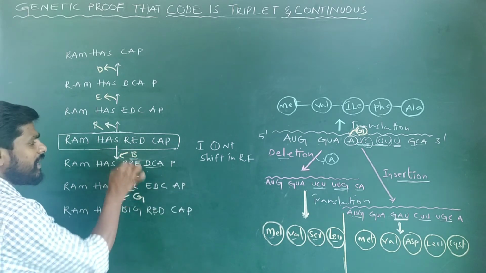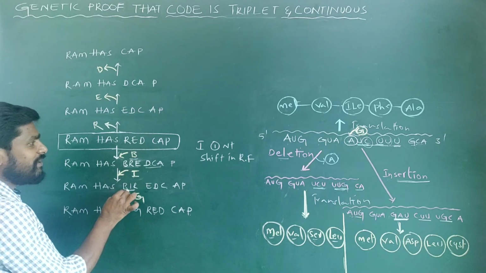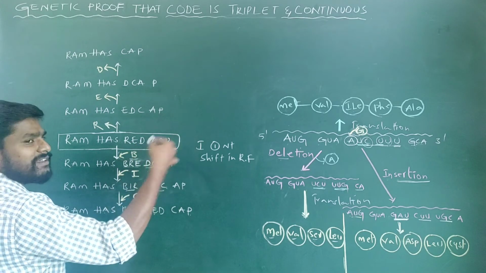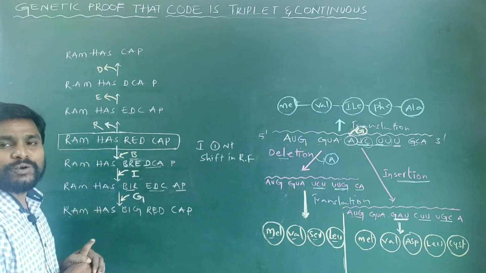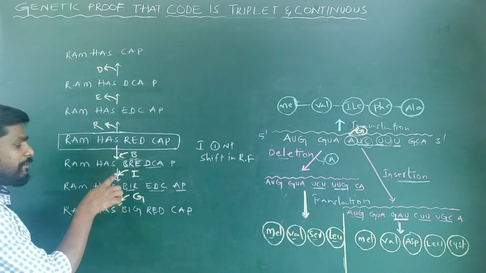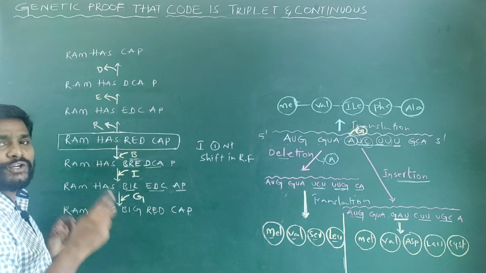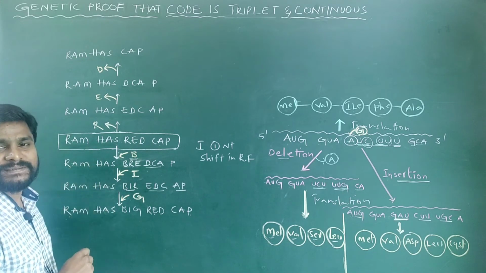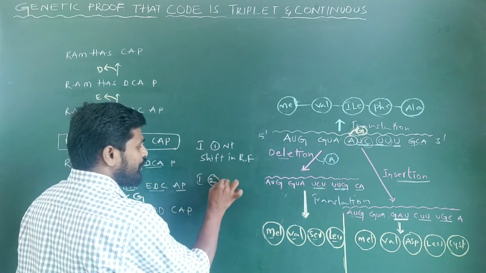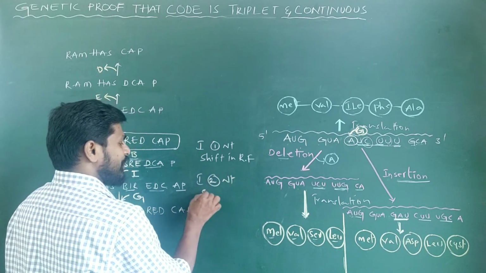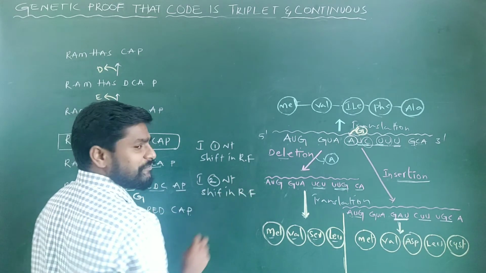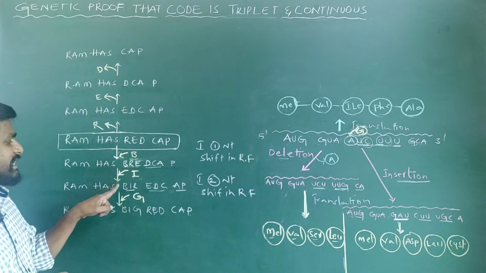Here BIR forms a triplet codon, EDC forms a triplet codon, and AP with another nucleotide forms another triplet codon. What happened here also? A shift in reading frame from the point of insertion of 2 nucleotides. The conclusion is that even the insertion of 2 nucleotides also resulted in a shift in reading frame from the point of insertion.